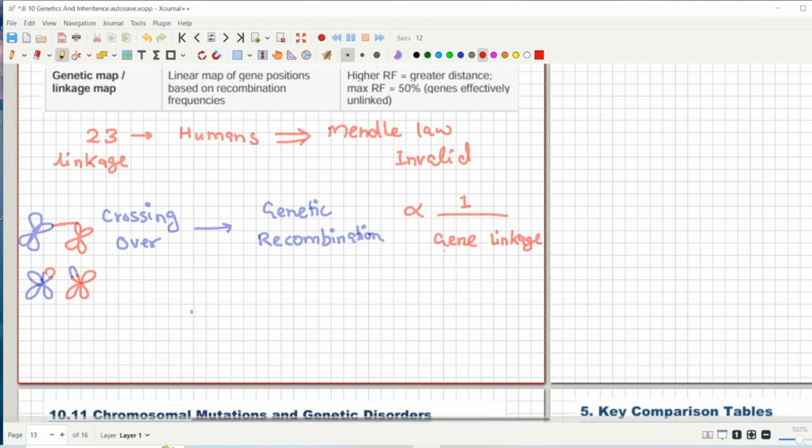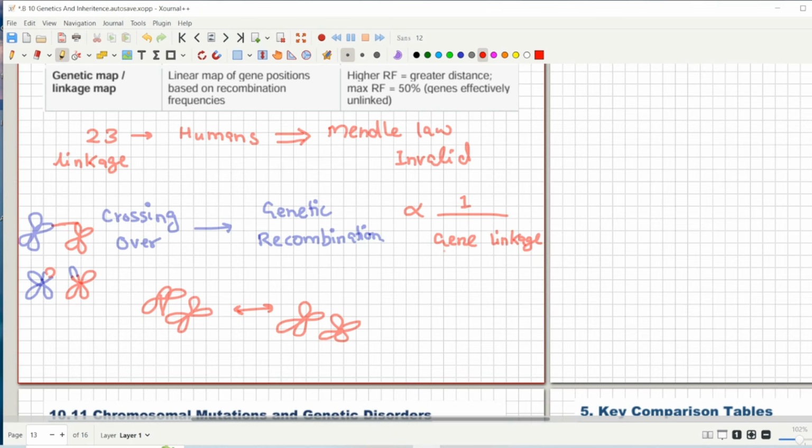For example, if there are two chromosomes, one chromosome here and another chromosome here, and both of these chromosomes form a gene linkage with their neighboring chromosomes, what will happen at this point? These chromosomes would not be able to come close to each other, right? Their distance will increase.